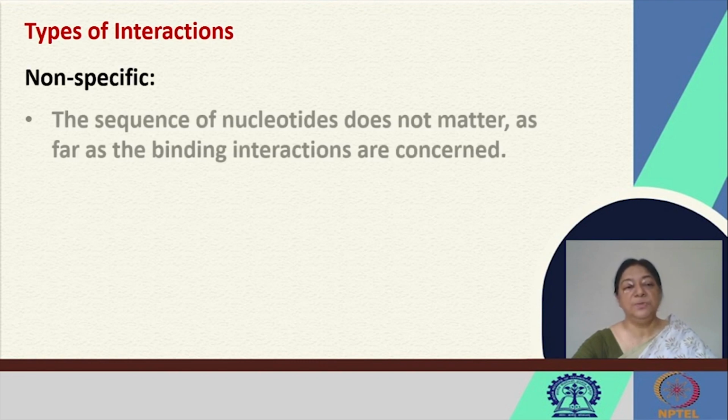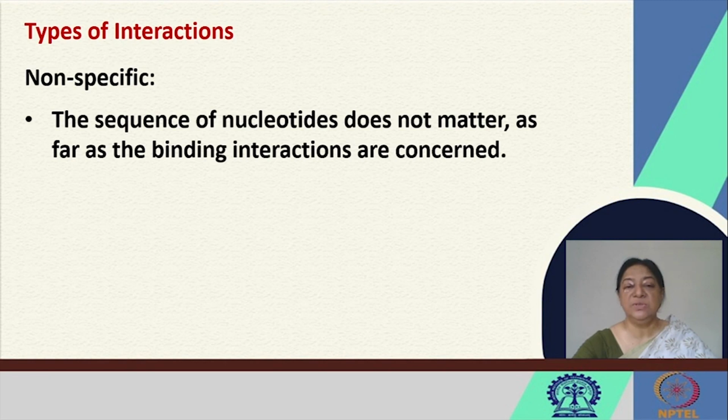What we mean by non-specific is the sequence of the nucleotides does not matter as far as the binding interactions are concerned. So, binding will occur irrespective of what sequence the nucleotides are in.